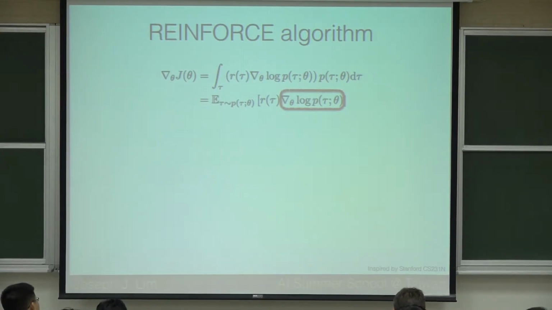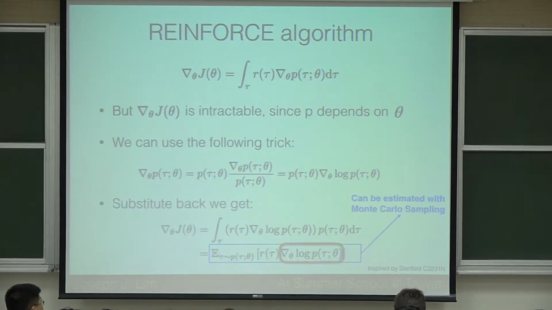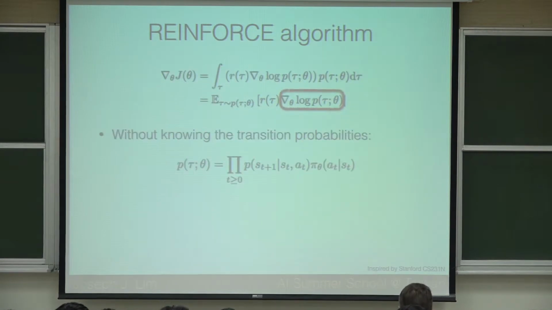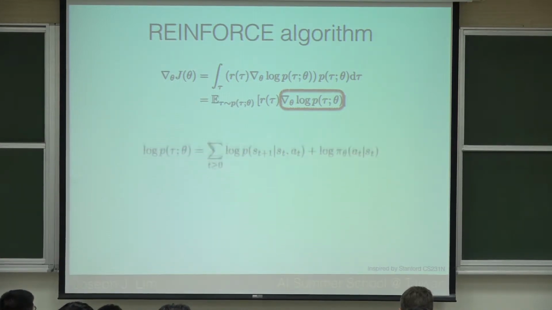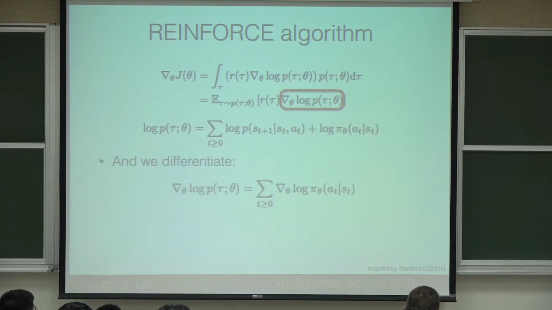The problem is, again, that this P may not be known to us. The transition probability is not known to us. It's a black box function, so we don't even know how to interpret this one. That's why we are doing this sampling here. Because we don't know this transition probability, following some algebra we can convert it to this one, and then differentiate it.